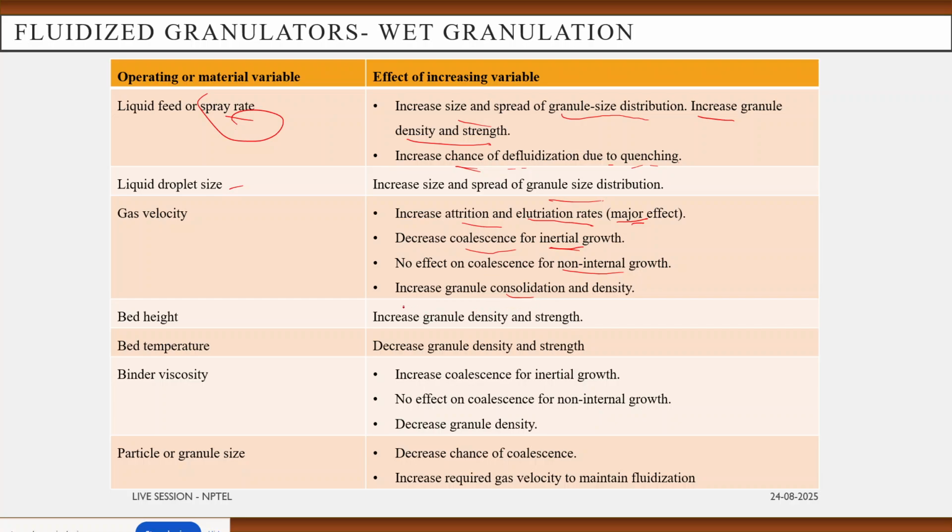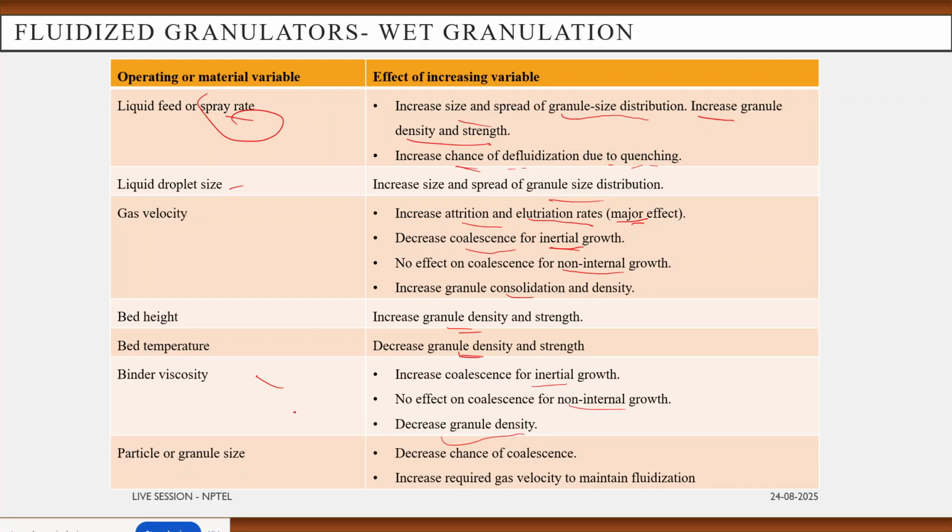Bed height, if it is increasing, then there will be an increase in the granule density and strength. Bed temperature, if it is increasing, will negatively impact the granule density and strength. Binder viscosity, if it is increasing, will increase the coalescence for the inertial growth, with no effect on the coalescence for the non-inertial growth, and a decrease in the granule density.